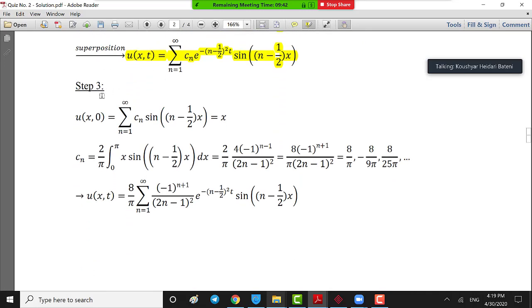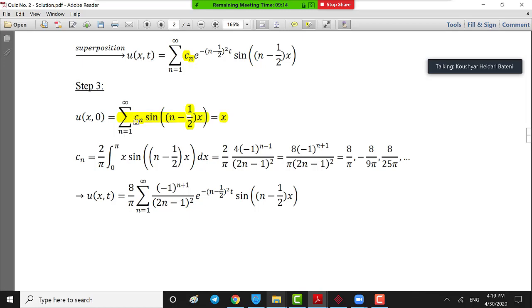Now, in step 3, we have to utilize the initial condition to find Cn, right? Now, u of x and t is equal to this. U of x at 0 is going to become this, and this is equal to x.